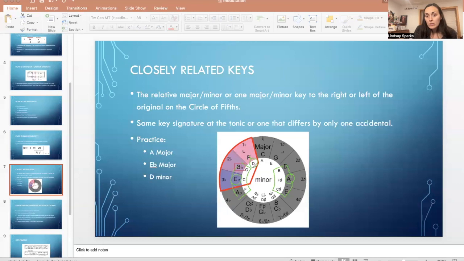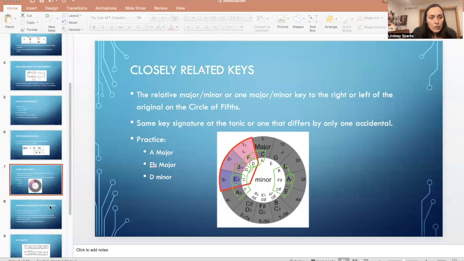We could go up to G minor, down to A minor, and then all of their relative majors. So if we're in D minor, we could go to B flat major, F major, C major, A minor, or G minor. Those are all considered closely related, which is why it's so easy to find chords in common between them.